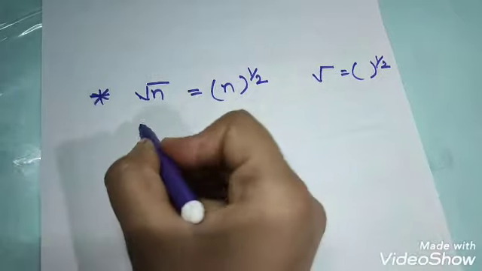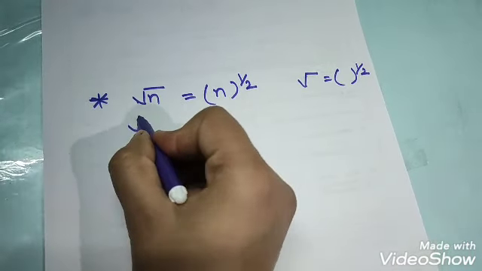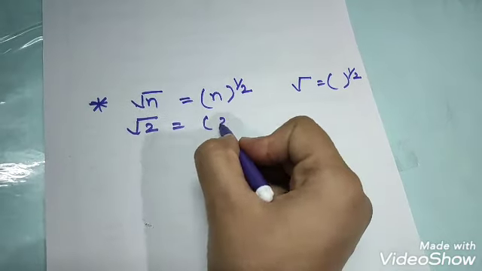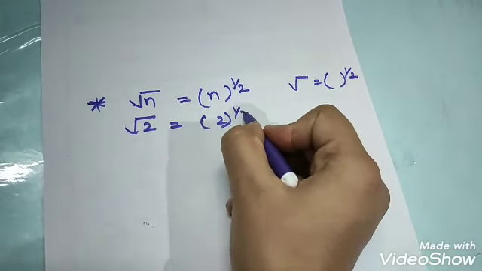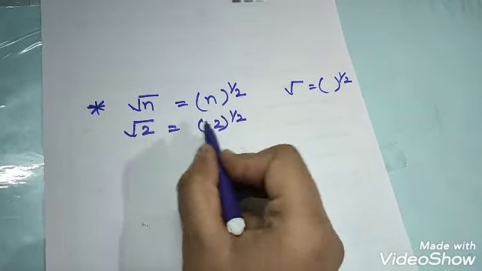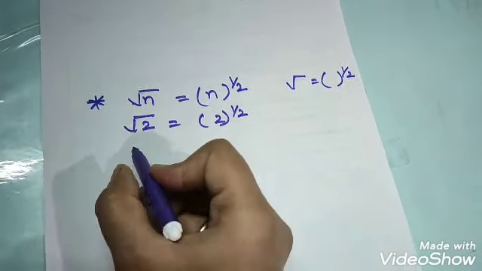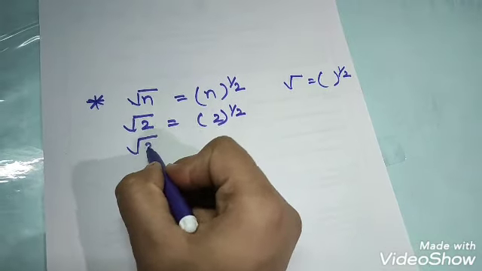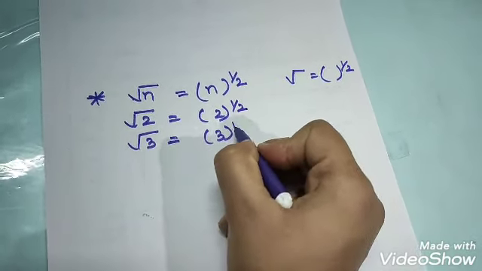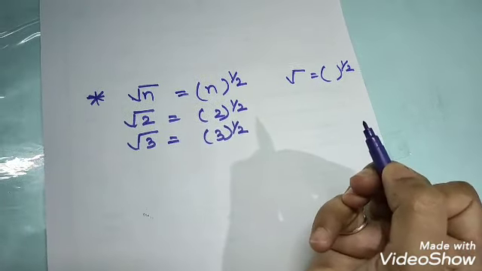Got it? Now similarly, if I am writing square root of 2, it can be written as 2 to the power 1 by 2. These two are equal. We can write in these two forms. Similarly, square root of 3 means 3 to the power 1 by 2.